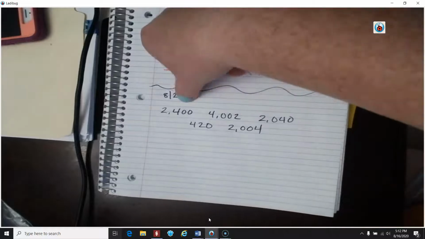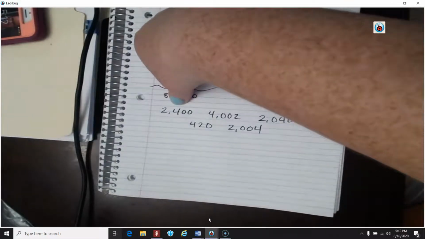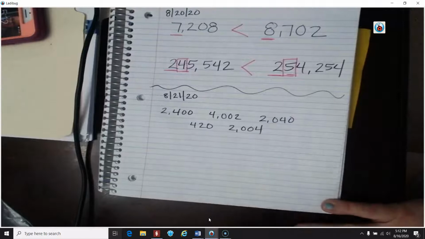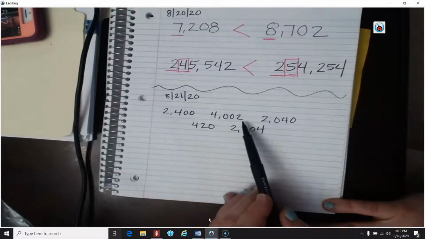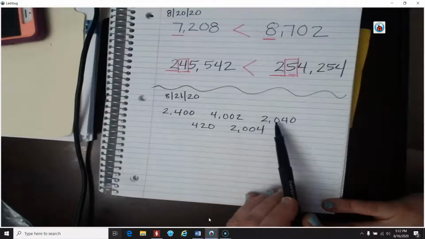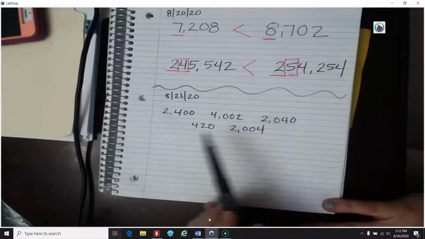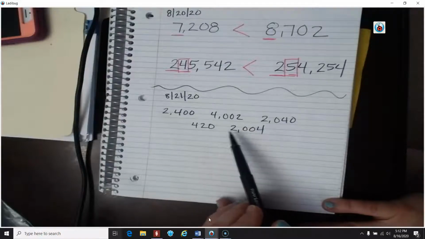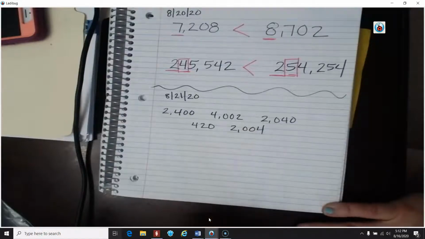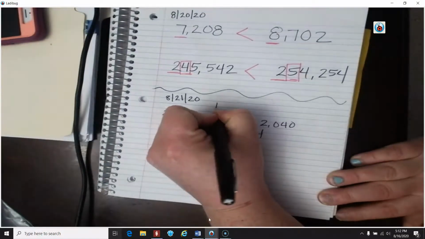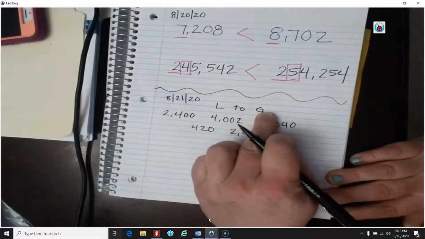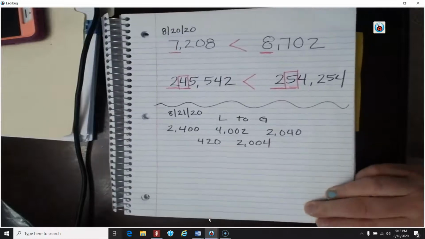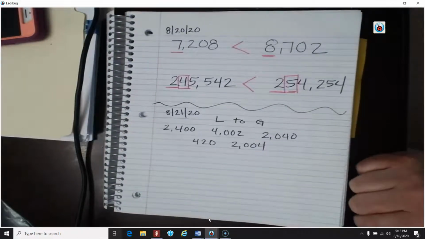I didn't really leave myself enough room when I started writing these numbers, but I have the number 2,400, 4,002, 2,040, 420, and 2,004. And if I remember, it said I'm going to do L to G. L for least to G for greatest to help me remember the order that I'm going to write these numbers in. Okay, so the least to the greatest.